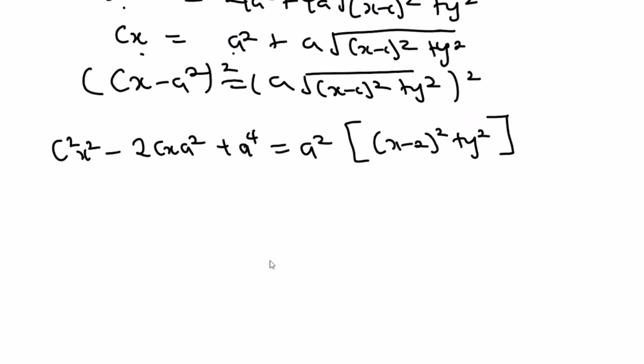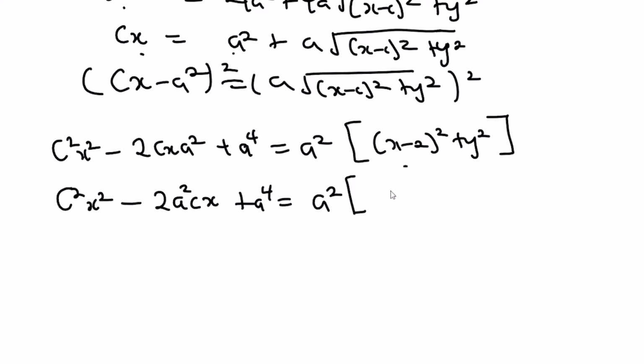Alright, so let's try to expand the one here. So you have c squared x squared minus 2a squared cx plus a exponent 4 being equal to a squared. We are expanding this.